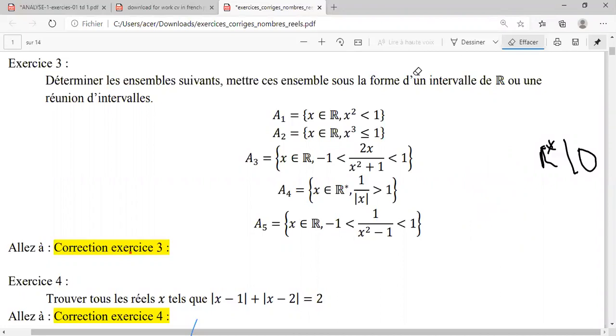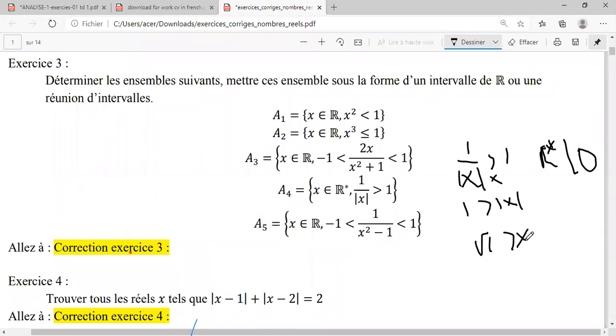we have 1 over modulus of x is greater than 1. So we cross multiply here, we're going to have 1 is greater than modulus of x, and this modulus of x is the same thing as if we can represent this by saying the square root of 1 is greater than x, and let's make an interchange of that.